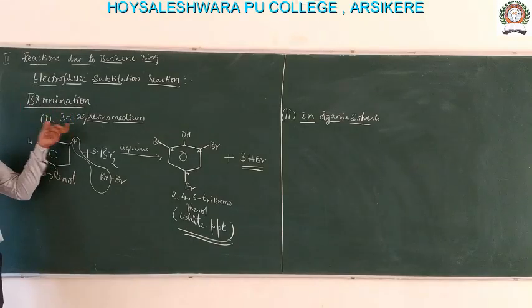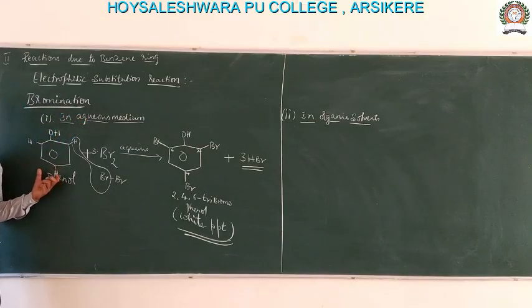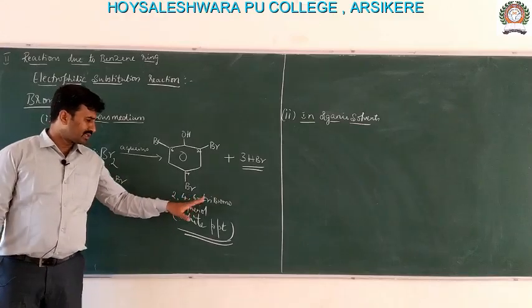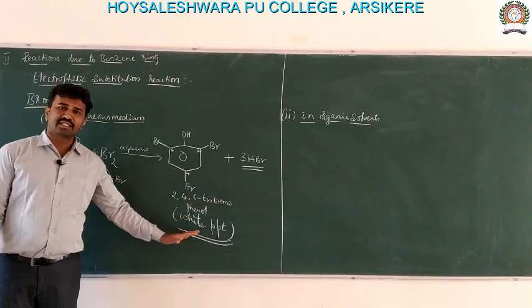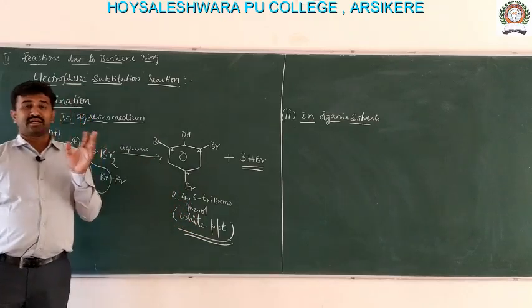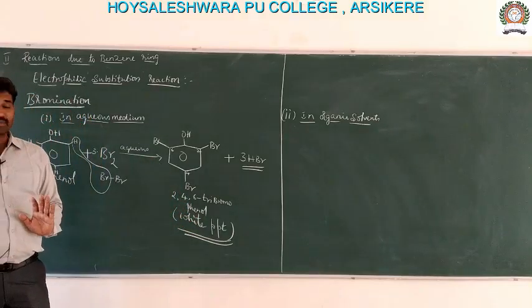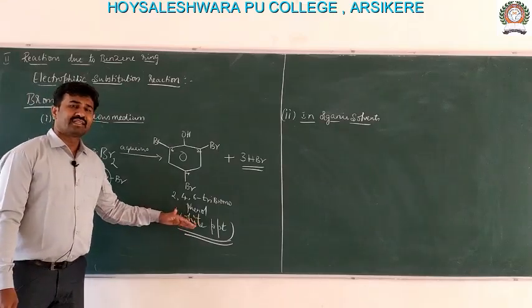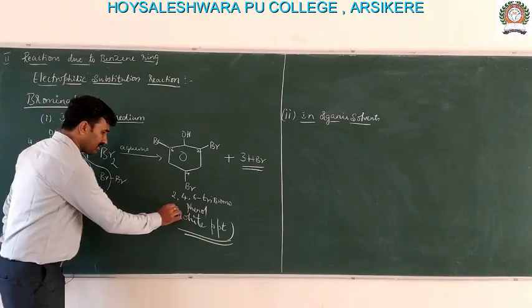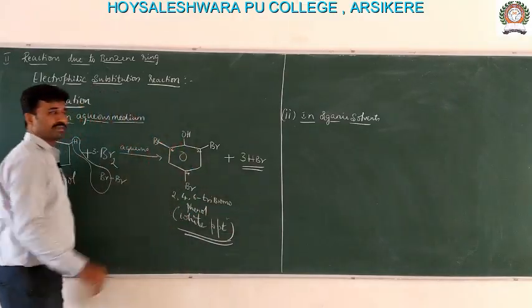In aqueous medium, phenol reacts with bromine to form 2, 4, 6 tribromophenol, which is a white precipitate. This is also used as a confirmatory test for the phenolic group. We have to remember this white precipitate.